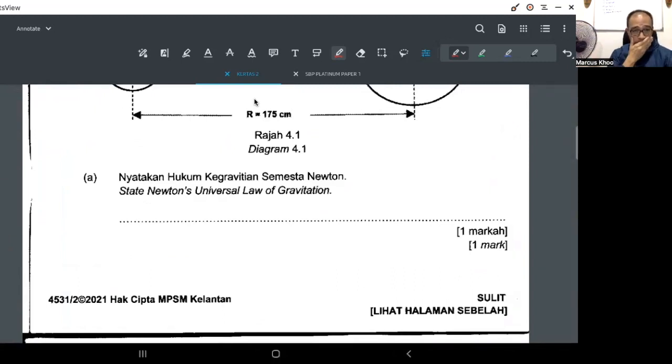Okay, and Newton's universal law of gravitation has two components to it, which must be said.